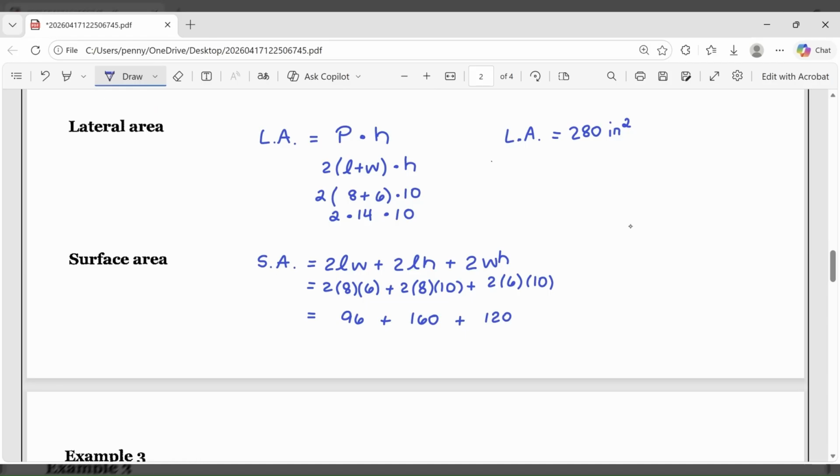Let's see, we can add that over here to the side, or we can use our Desmos. Really doesn't matter. But if I add these three numbers together, I get that my surface area is 376. And again, it's inches squared. Area is always squared.